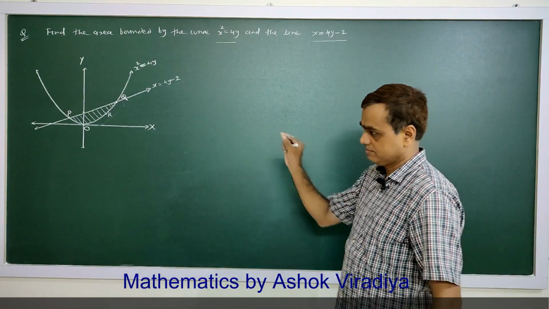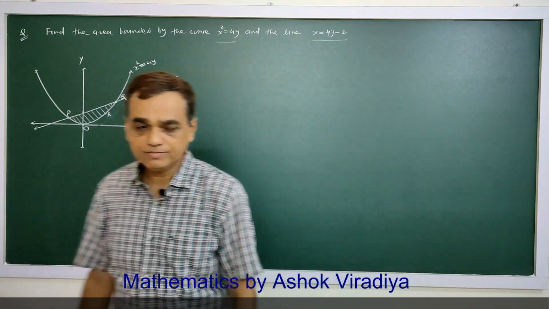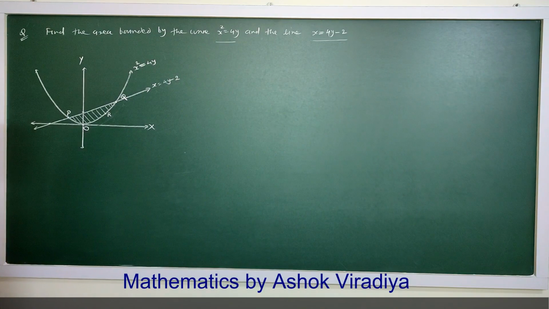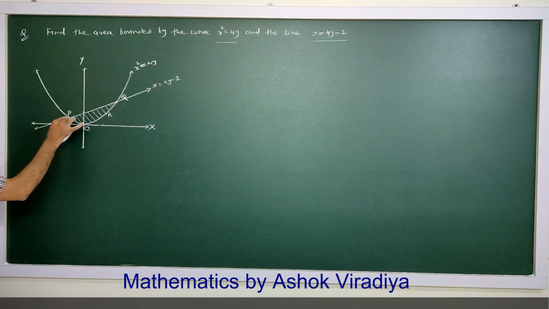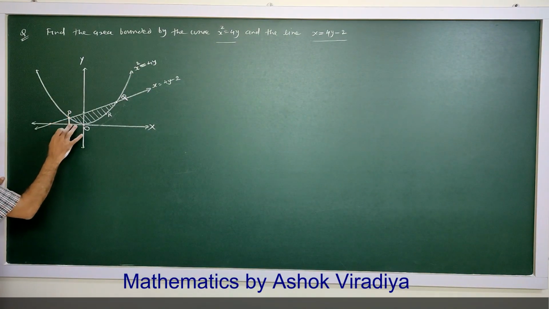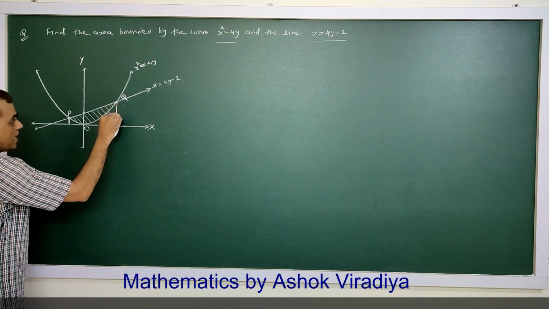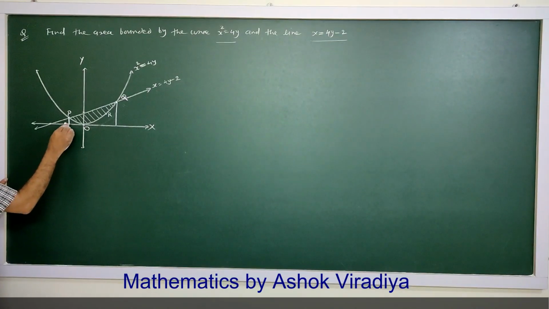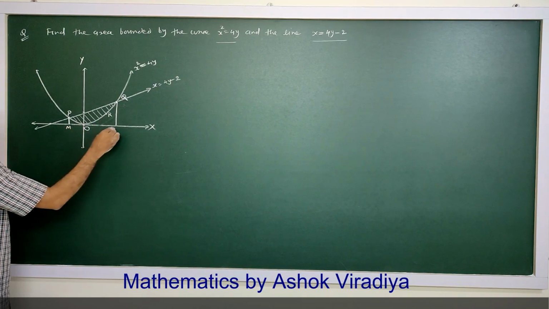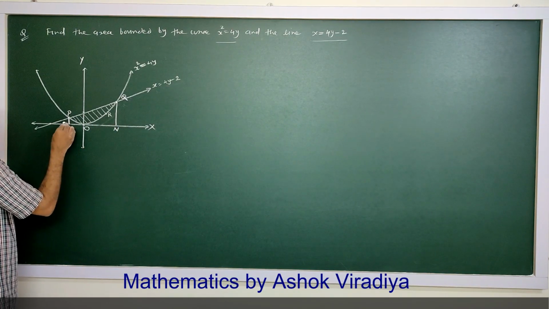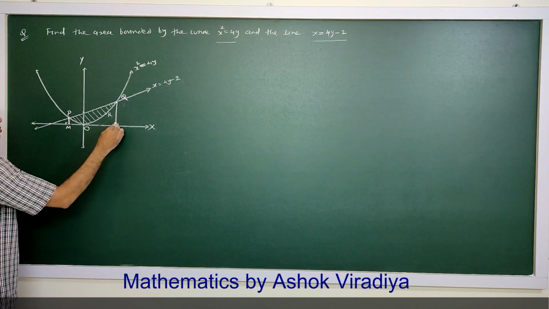So we will take perpendiculars from P and from Q. Suppose this point is M, this point is N. These are the feet of the perpendiculars taken from P and Q.